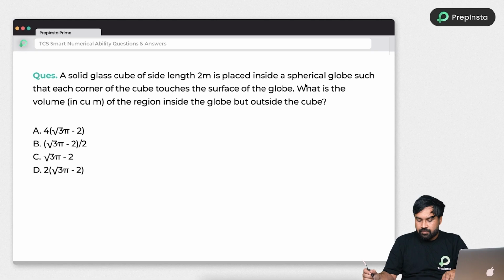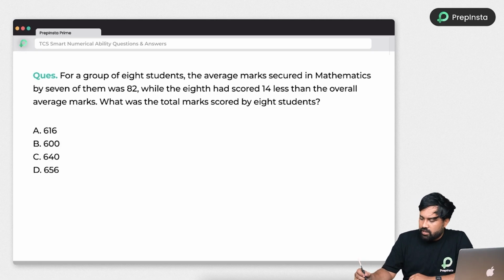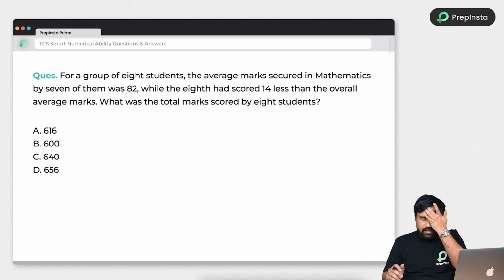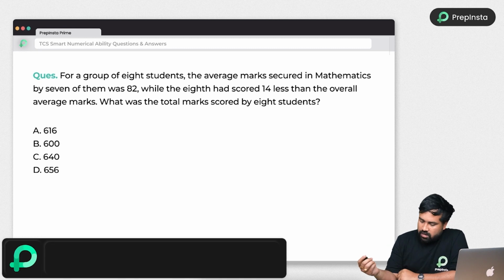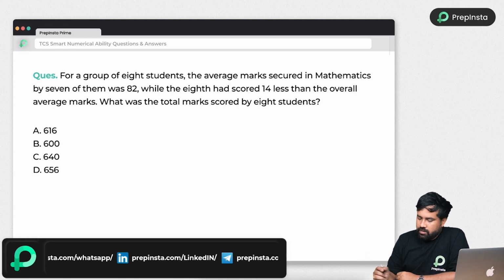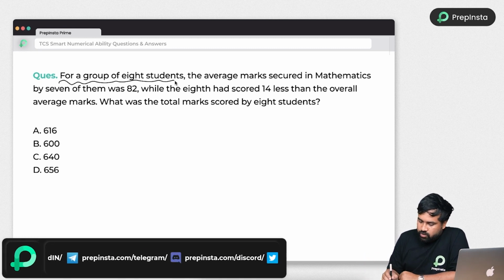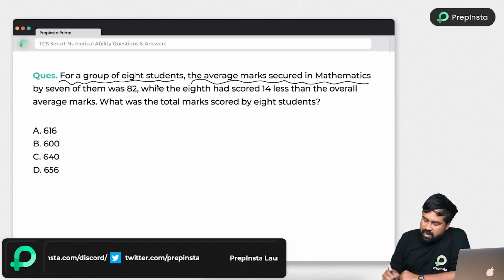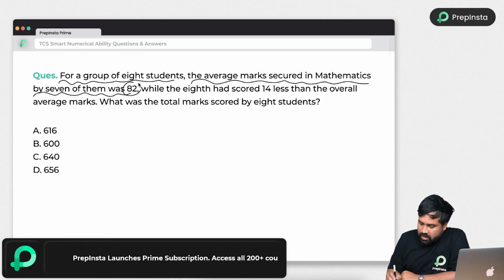And yeah, just look into the next question. I would like to give you the quick answers, and this is the best one of the average concepts you need to learn. For a group of 8 students, the average marks secured in mathematics by 7 students of them is 82.